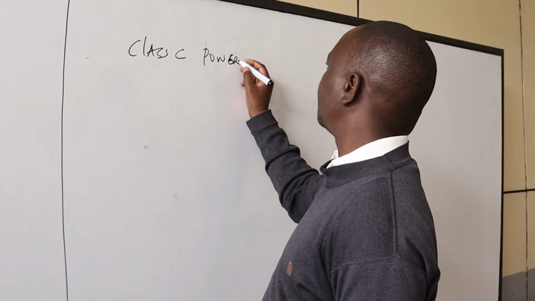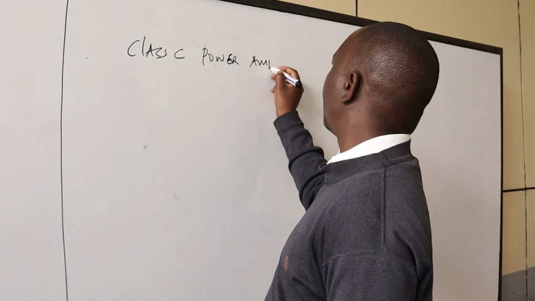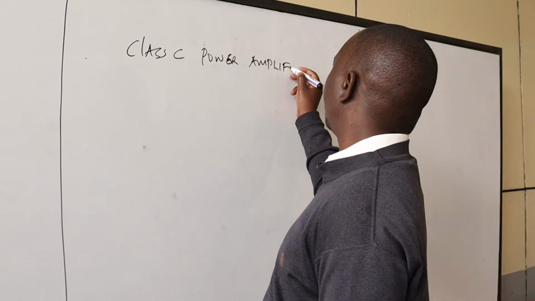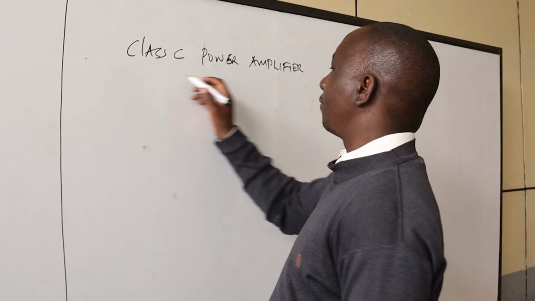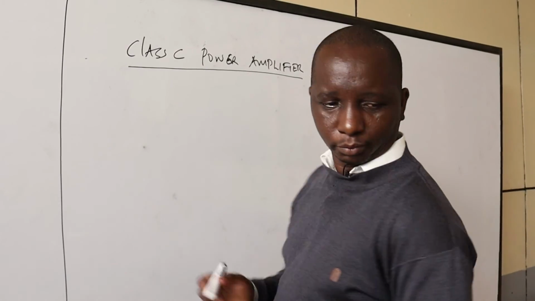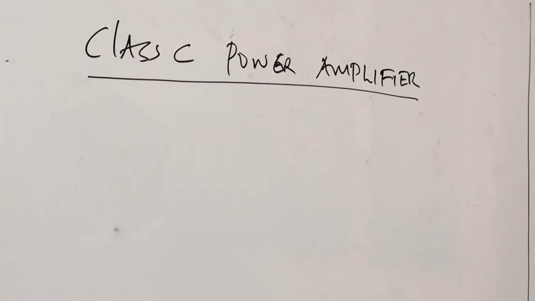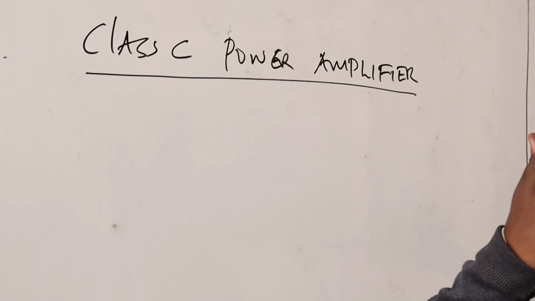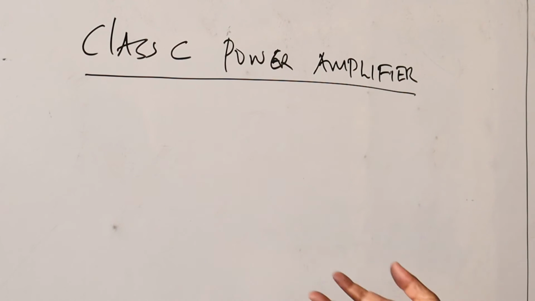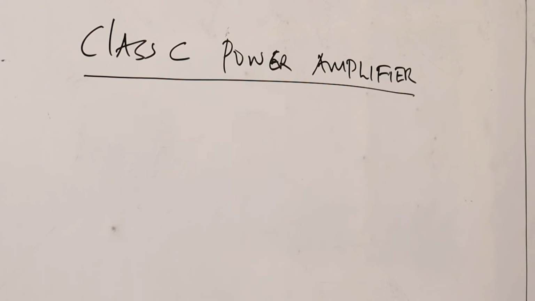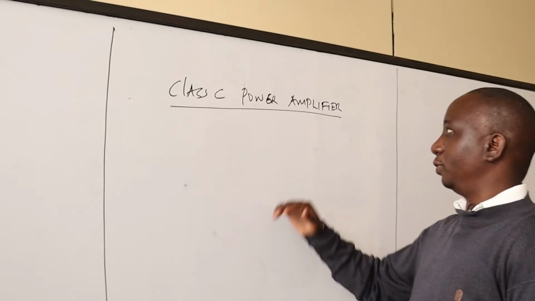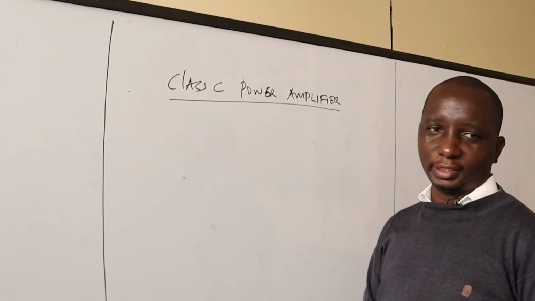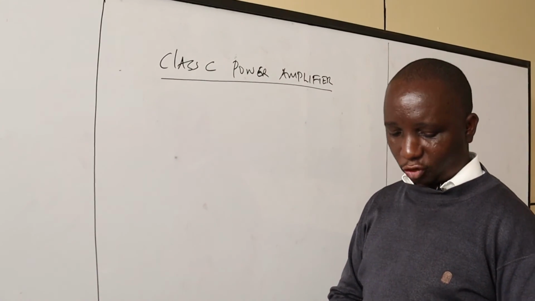Power amplifier. With the class C power amplifier, the biasing is far below the cutoff, and therefore only a small portion of the input signal is going to be conducted across the output terminals.